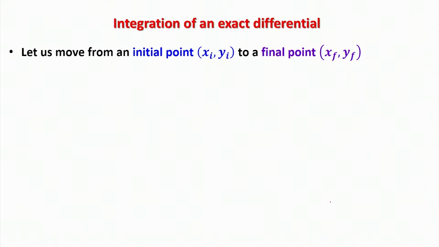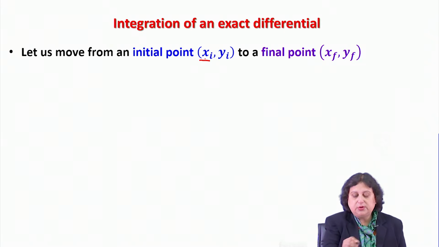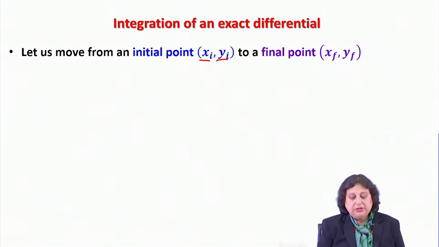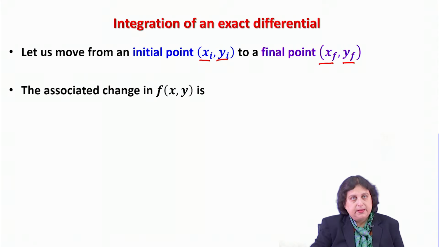So for this purpose, I'm still talking about the space spanned by two independent variables, x and y. Then my initial state is characterized by a point where x is equal to xi, i corresponding to the initial point, and y equal to yi. Now, the final point corresponds to x equal to xf and y equal to yf.